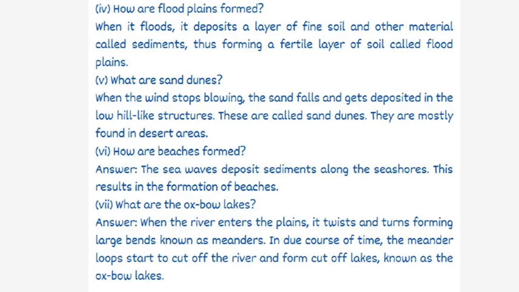The sea waves deposit sediments along the seashores.